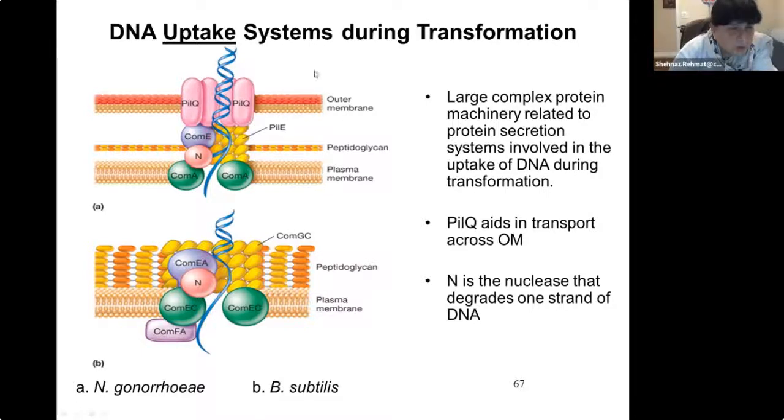Whilst the cell wall is usually limited to the peptidoglycan in gram-positive bacteria, in gram-negative bacteria the cell wall is peptidoglycan plus the outer membrane. So this is the cell wall of a gram-negative bacterium, and this is the cell wall of a gram-positive bacterium. If you want to include the plasma membrane, then you would have to call it the cell envelope.